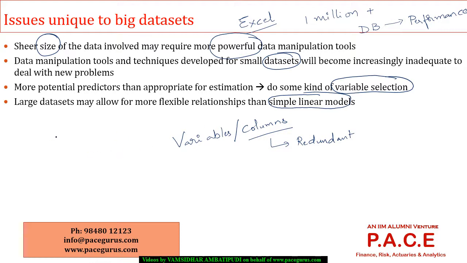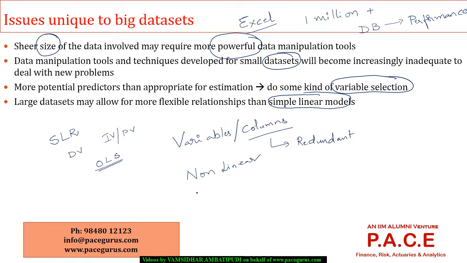A simple linear regression is something that I could have built between my dependent variable and the various independent or predictor variables, a simple linear relationship using an ordinary least squares kind of mechanism. But now the kind of relationship that can exist between the variables need not be linear. It might very well be a non-linear relationship, right?